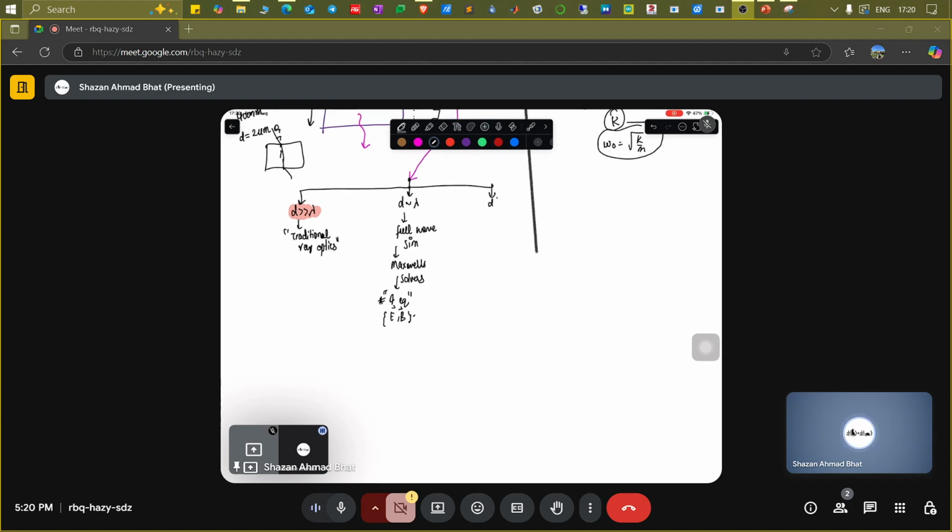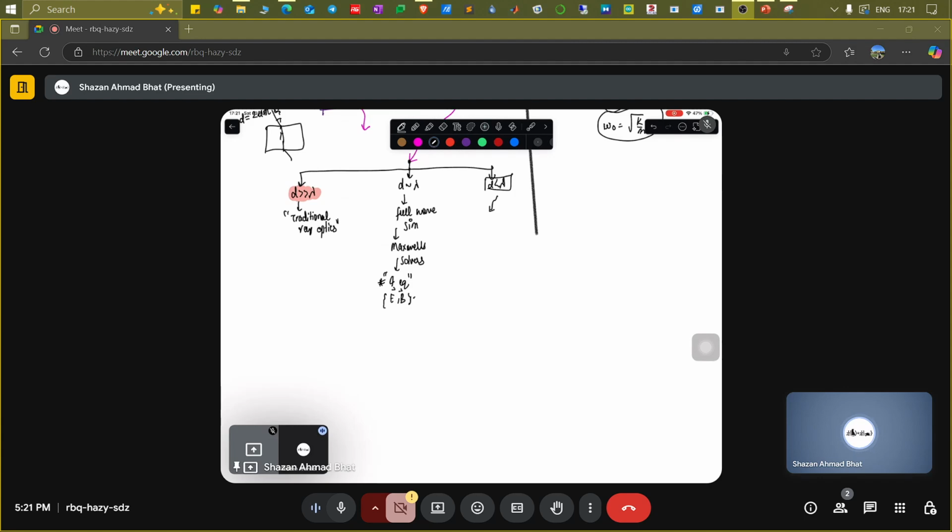But what happens if d goes less than lambda? Now this scenario is important. In this case, you use something called the effective medium trick.